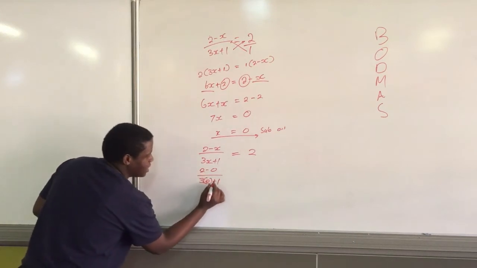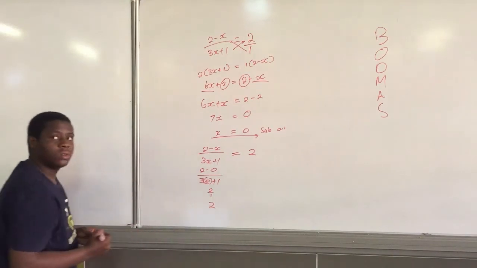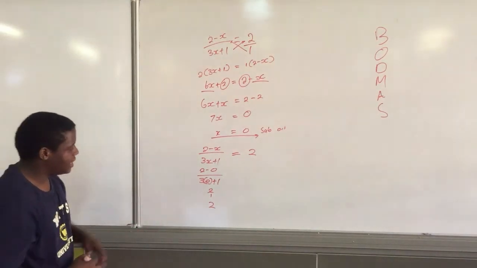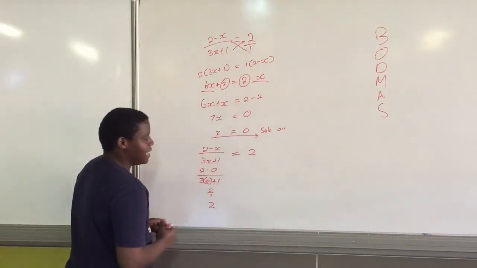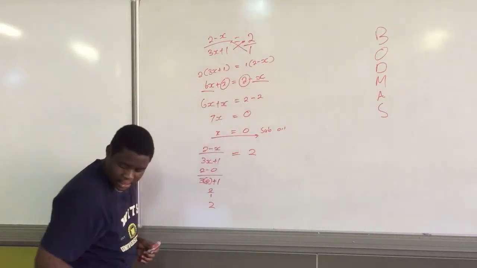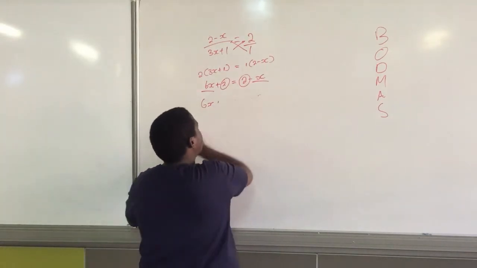And we can see that the answer here is definitely 2 over 1, which is 2. So we can see that yes, remember, the right-hand side is the same as the left-hand side. So that is a standard linear equation. It's usually the one that you have.